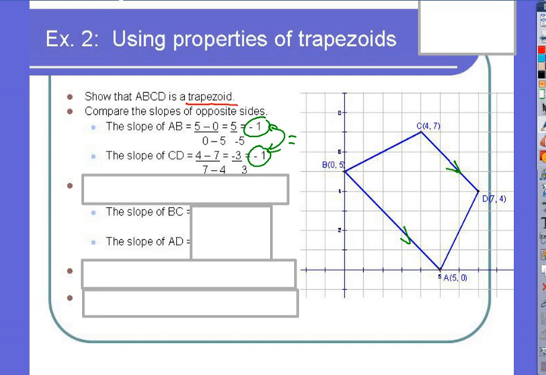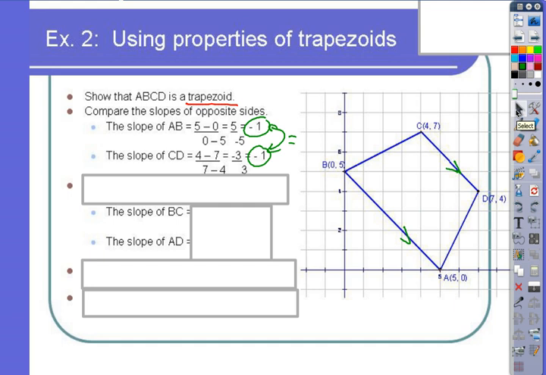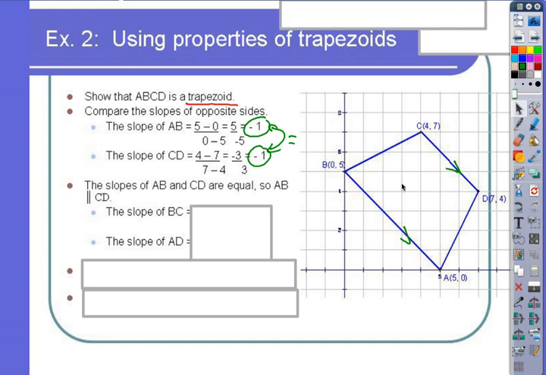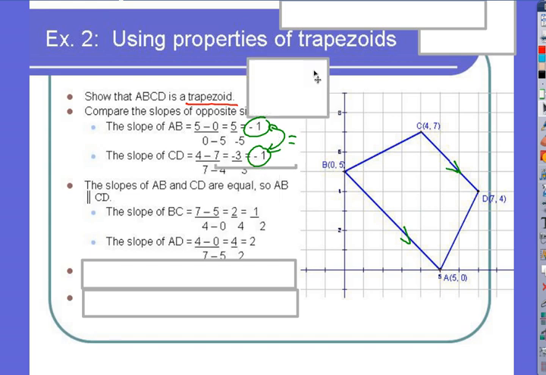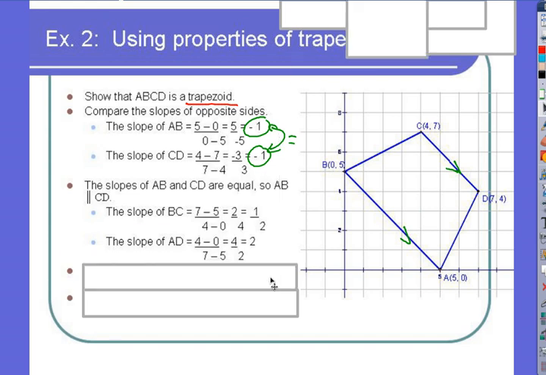Okay, well, let's see if that's what we get. So we know these were parallel. The slope of BC, that's going to be 7 minus 5 over 4 minus 0, which is 2 over 4, which is 1/2. Okay? Well, what about the slope of AD? The slope of AD is going to be 4 minus 0 over 7 minus 5.